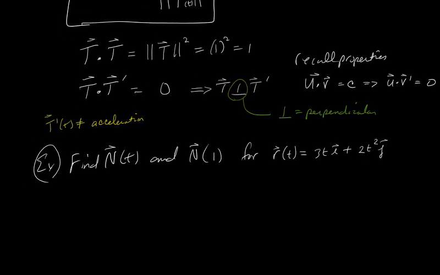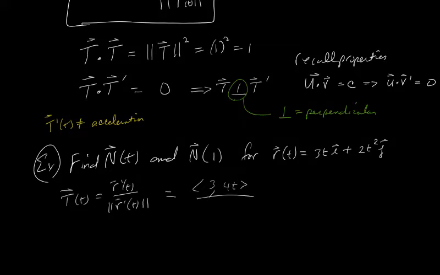If I'm going to find N of t for r of t here, I'm going to have to first find T, the tangent vector. So we've got T of t is equal to r prime of t divided by the magnitude of r prime of t. Okay. All right, so 3t i plus 2t squared j is going to have a derivative of <3, 4t>.